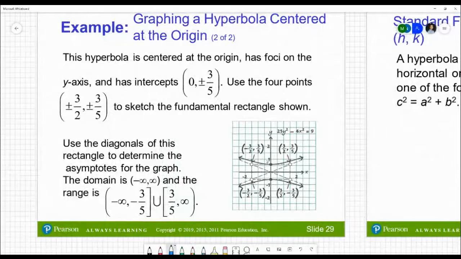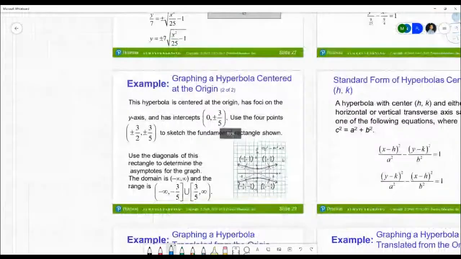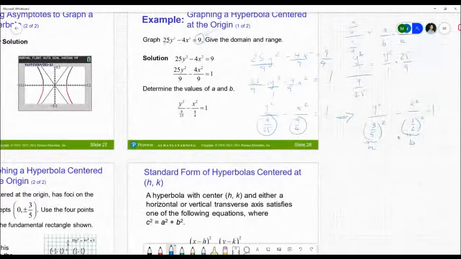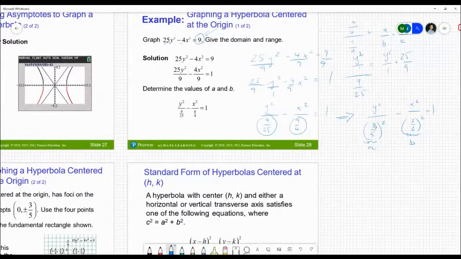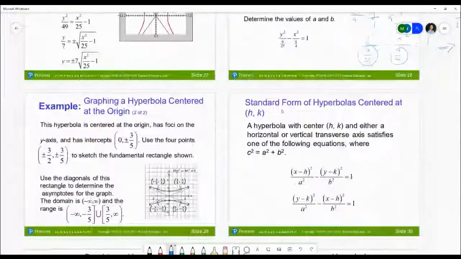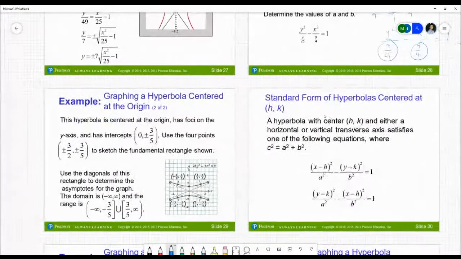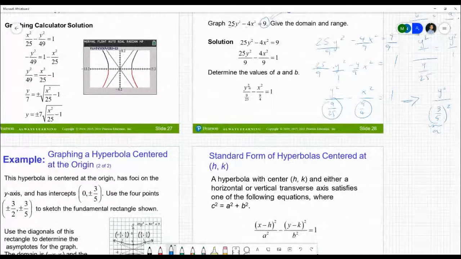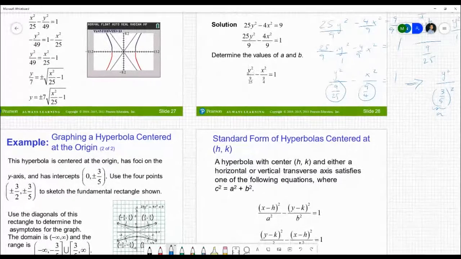Okay, so we got our hyperbola centered at the origin, and we were able to find the b value by rewriting it so that it's in the denominator. So the a value is 3/5, and the b value is 3/2. And we know that the y term is positive, so the transverse axis is going to be up and down.